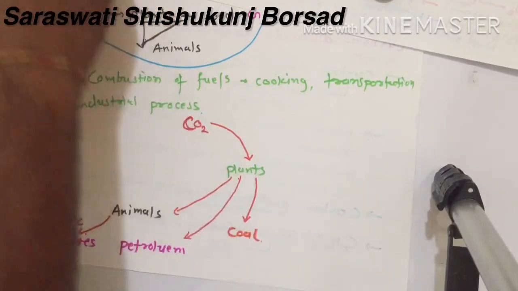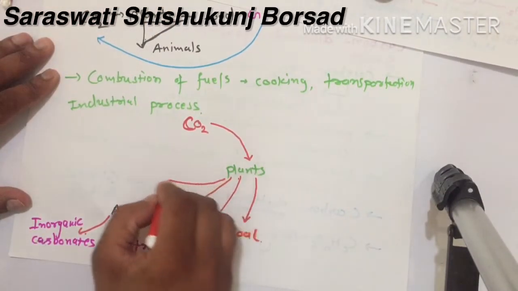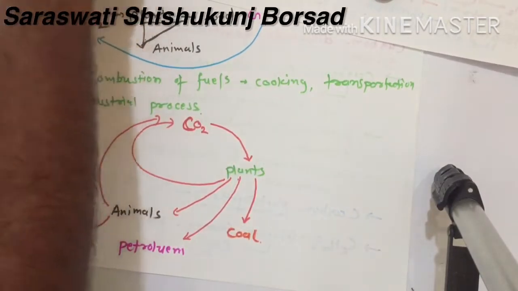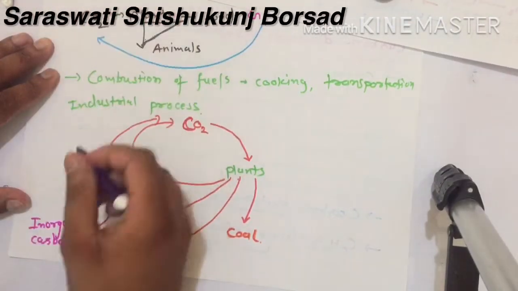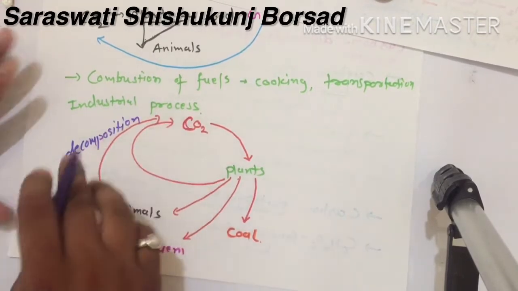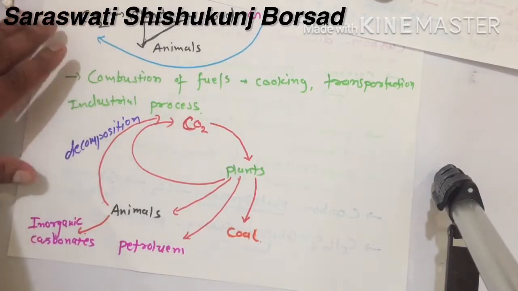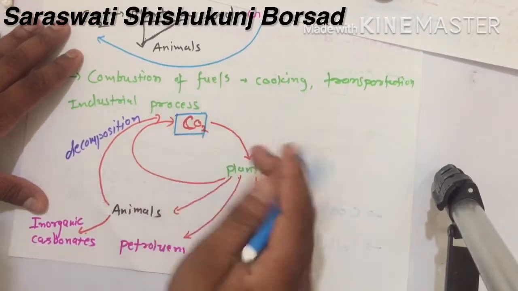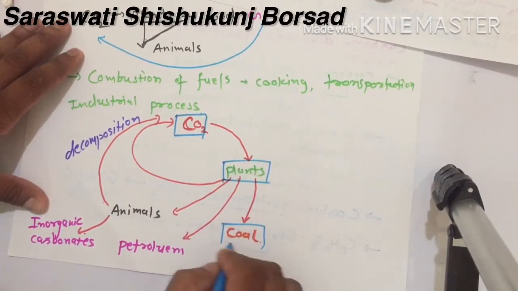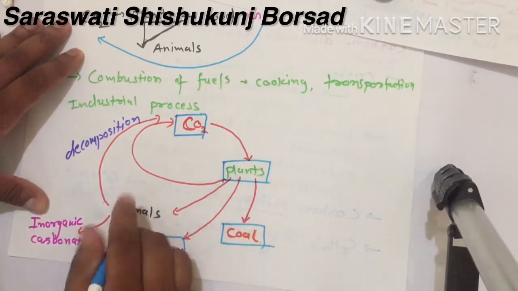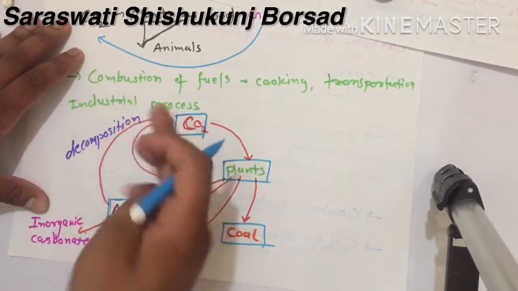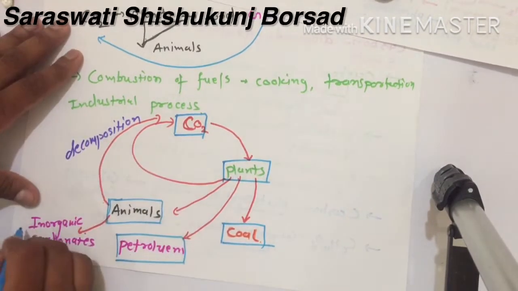So even if the plants get decomposed, or the animals get decomposed, right, when the process of decomposition is done, carbon dioxide will be released into the atmosphere. So carbon dioxide of the atmosphere is utilized by plants. Plants may convert into coal, petroleum, or be used by animals. These animals, when they get decomposed, will release carbon dioxide back into the atmosphere.